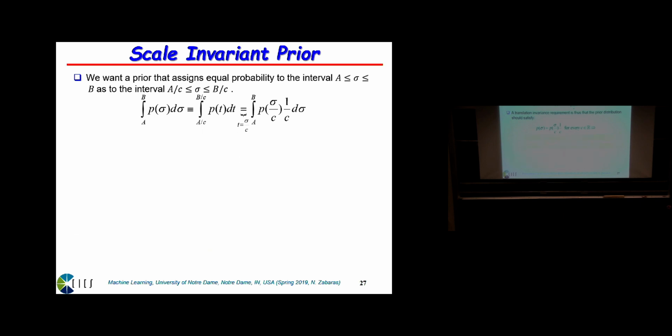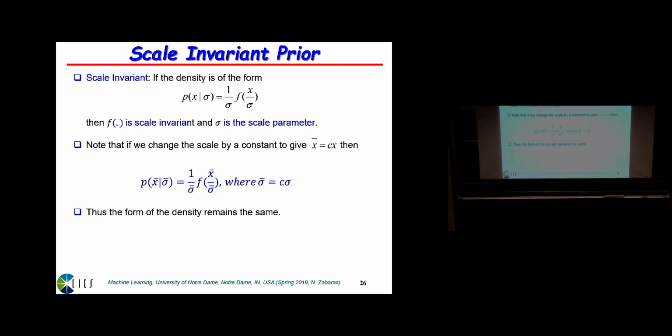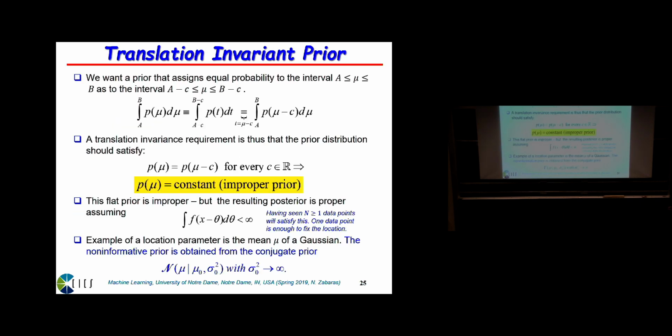So what I want you to remember from all of these formulas is the following, right? For a translation invariant prior, we use it mostly for the mean of a distribution, and it is the common sense answer which says the mean can be anywhere. It's a uniform distribution, all right?